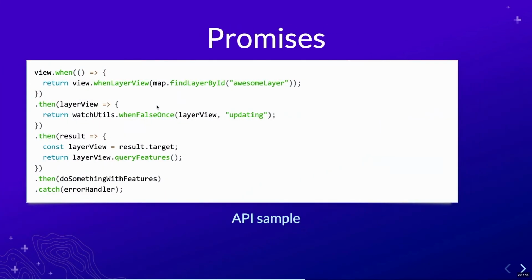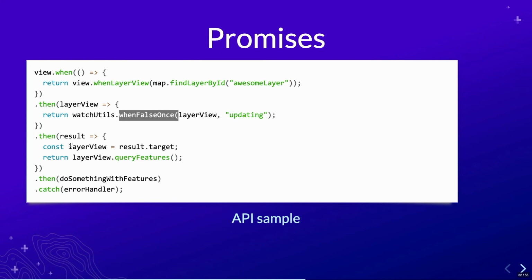If we look at some promise chaining, you could do something like view.when. In here, you could return view.whenLayerView, which is going to return an async method, and we're going to pass it a layer. And then once we get the layer view, again, instead of another promise, we can use the watch utils to watch for when the layer view property updating is false, and we only care about when it happens once. So once this promise is resolved, we're going to return that.